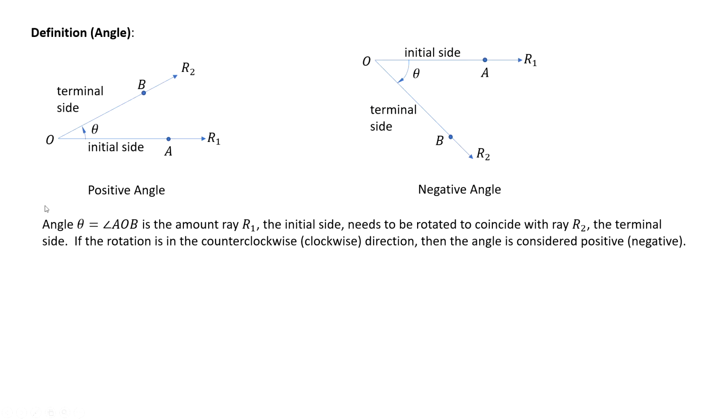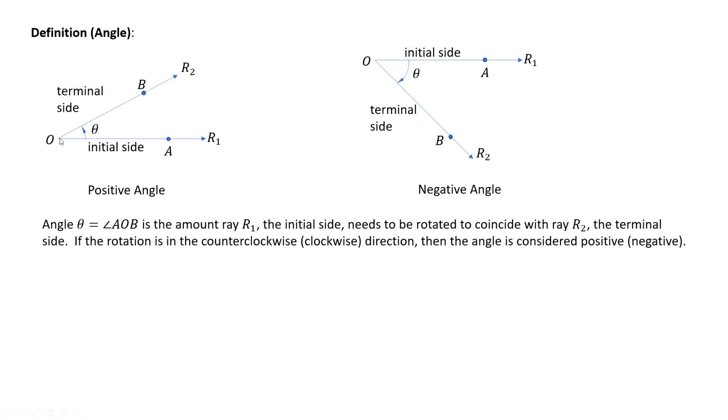Now, angle theta, which is equal to angle AOB, is the amount ray R1, the initial side, needs to be rotated to coincide with ray R2, the terminal side. That is the definition. Okay, what in the world is this talking about?